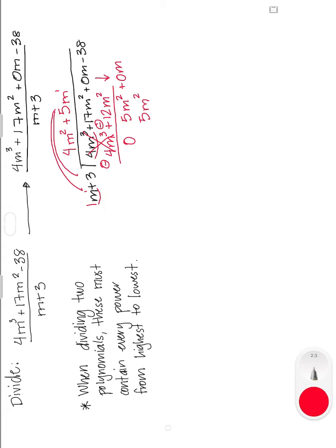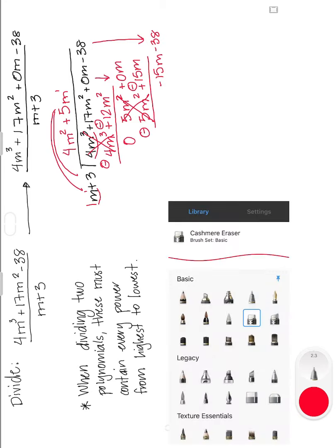So this is going to give us 5m squared, and then plus 15m. So these are going to subtract. This cancels out, so 0 minus 15m is going to be negative 15m. And then we can bring down the negative 38.